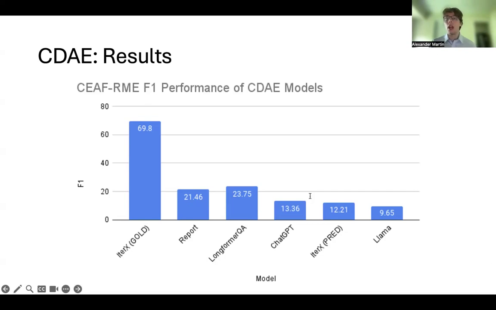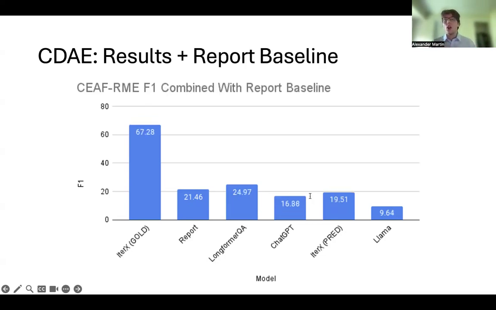Then, because we're looking to model the events together, both the report context and the source context, we considered the results by concatenating the report template with the predicted source template. The way we do this is, if we do not predict a role for the source text that is filled in the report template, we add that report role to the source predicted template.